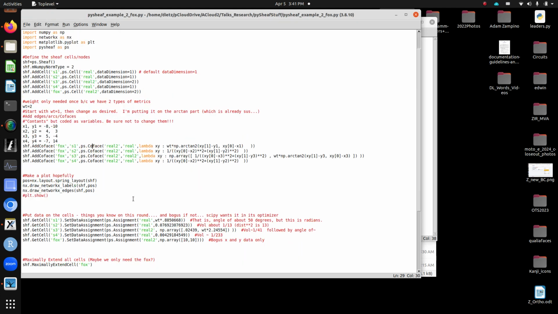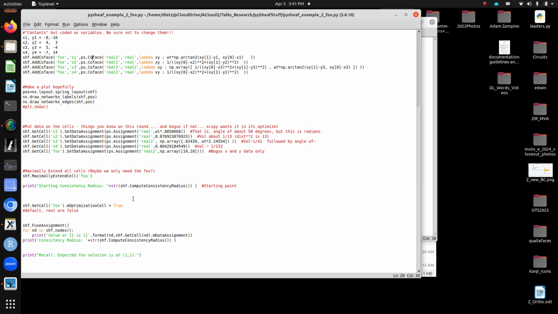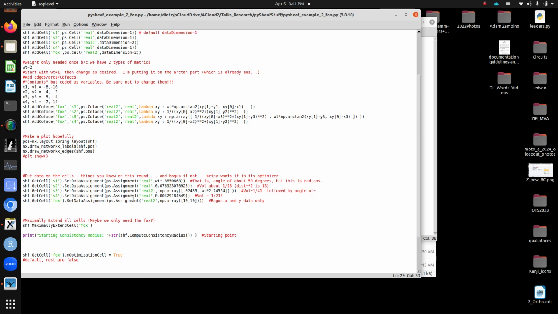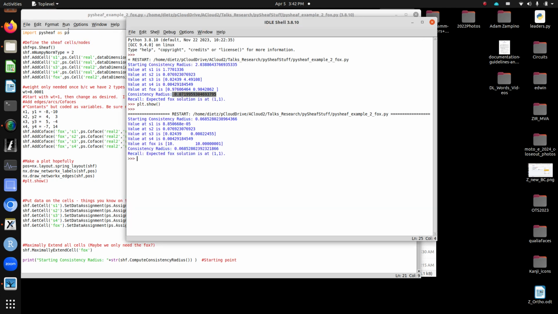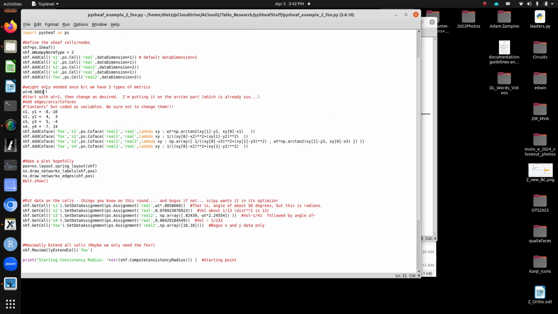So again, I can play around with this and see if I can knock it out of alignment, see how bad it has to get before I can't find the fox anymore. Like I might just see what happens if I make this weight very small and go ahead and run it and see if it can find the solution. And it did not find the fox. Okay, so what about if I made it go the other way?